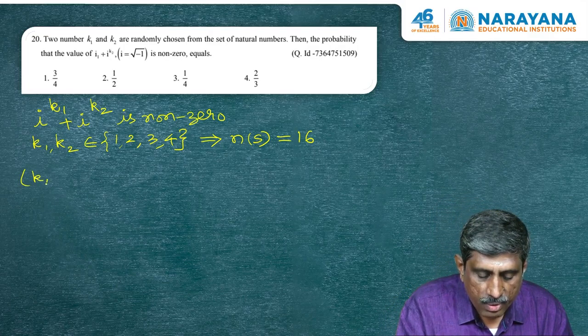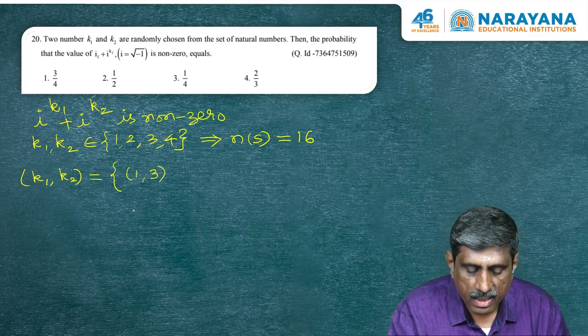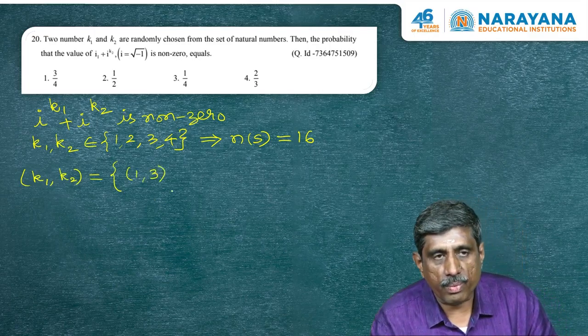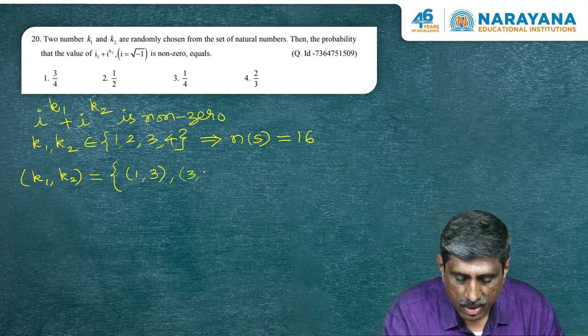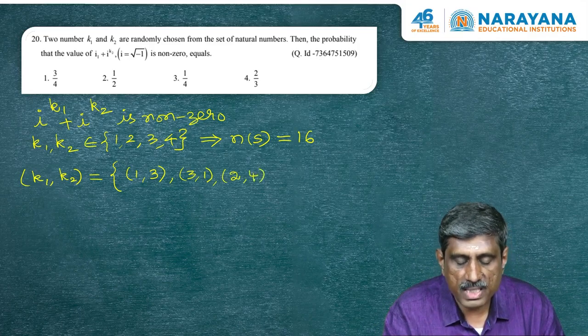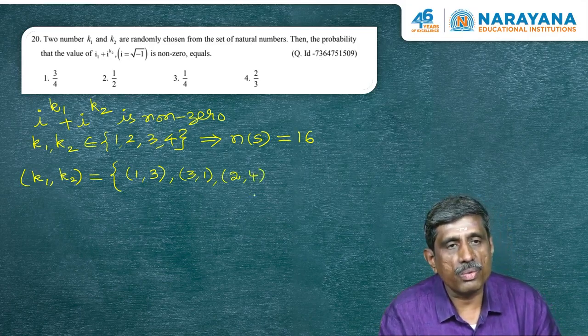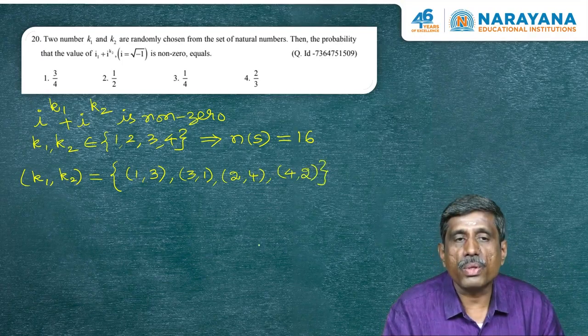So, if you take k1 and k2 as the 1 comma 3 combination, I mean i power 1 plus i cube, which is minus i, it will become 0. Similarly, 3 comma 1 combination. Again 2 comma 4 combination, which is i square plus i power 4, is going to become 0. 4 comma 2 is another combination. In these cases only it will become 0.